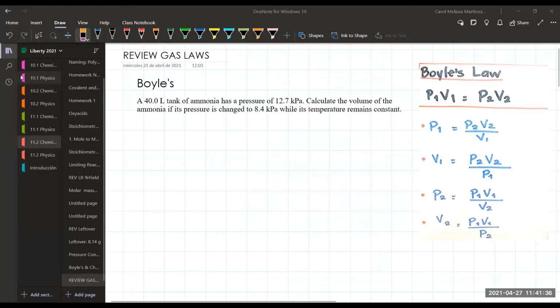How do I recognize an exercise belongs to Boyle, Charles, or Gay-Lussac? Just remember this. For Boyle's law, we have one condition. The condition is that the temperature is constant. Okay? So, for Boyle's law, remember this.